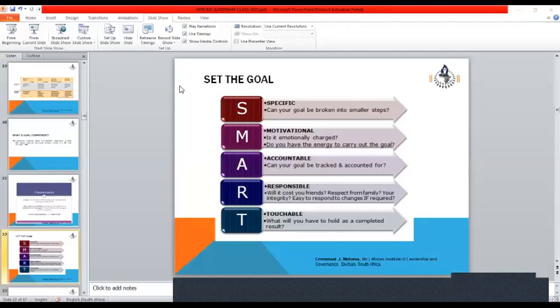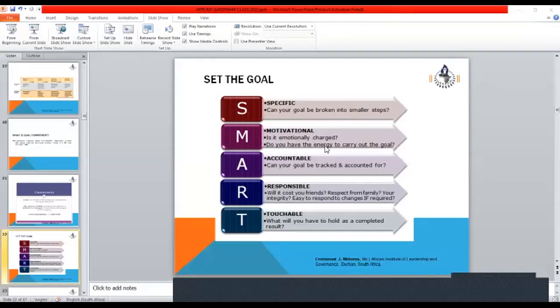Okay, SMART simply means the first S, specific. Can your goal be broken into smaller steps? That's very important. Then M, which is motivational. Is it emotionally charged?